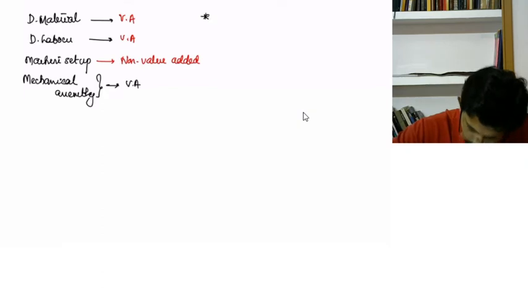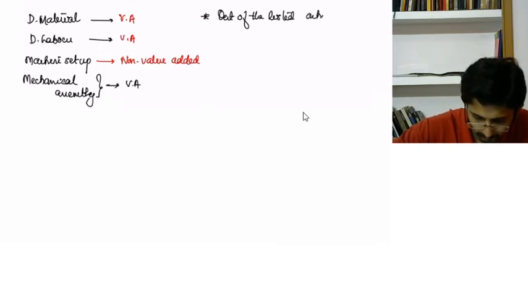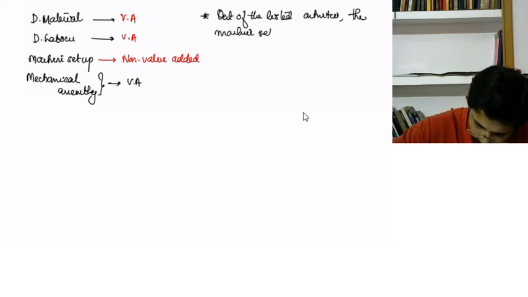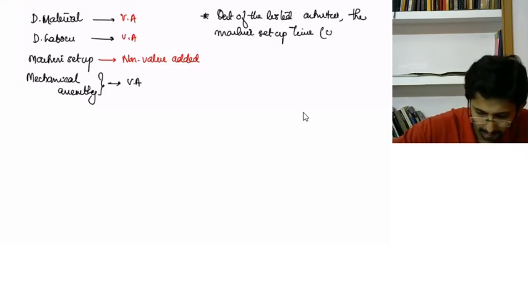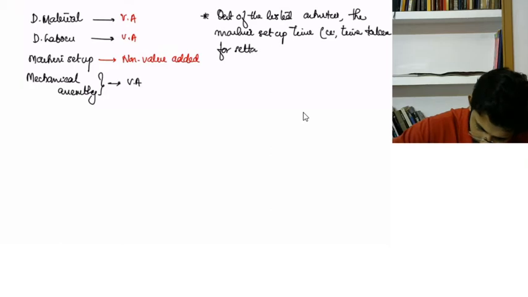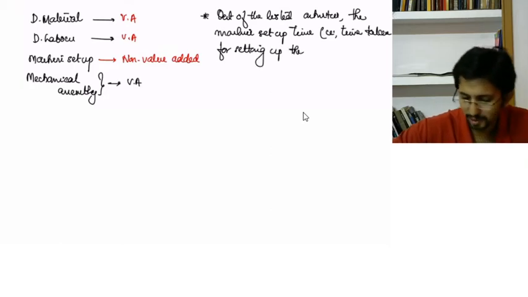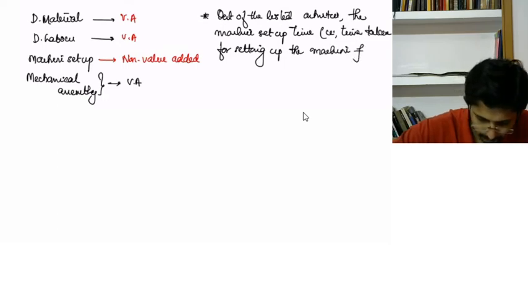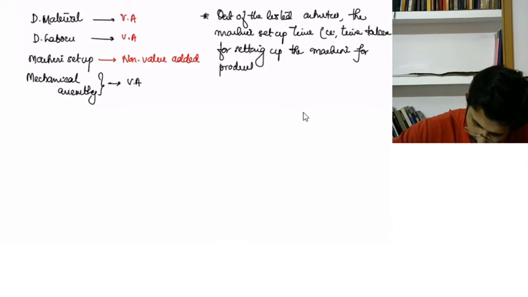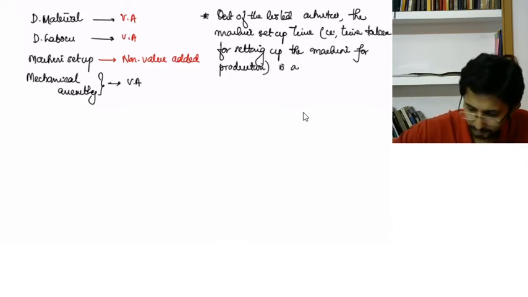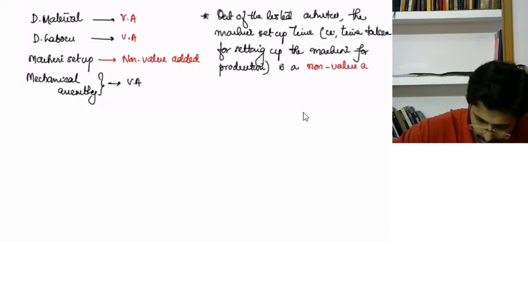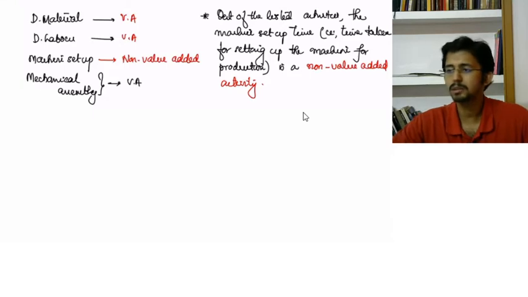So you can write: out of the listed activities, the time taken for setting up the machine for production is a non-value added activity. Okay, so that should be your conclusion.